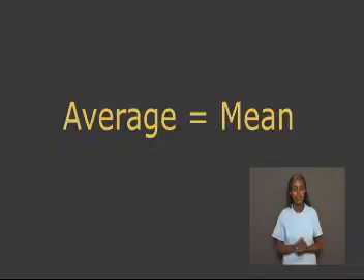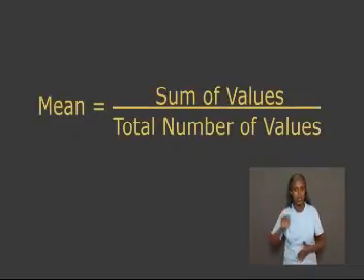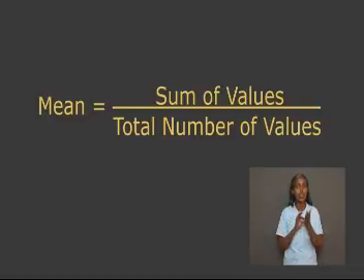In everyday language, we often use the word average rather than mean. The mean of a variable is the sum of all the data values divided by the total frequency or number of observations.